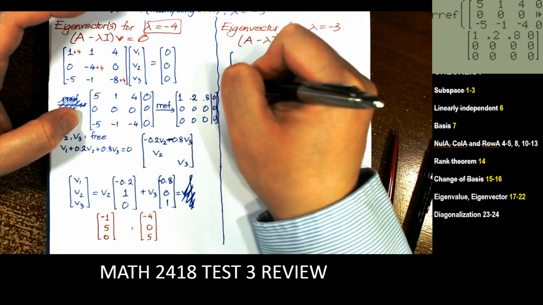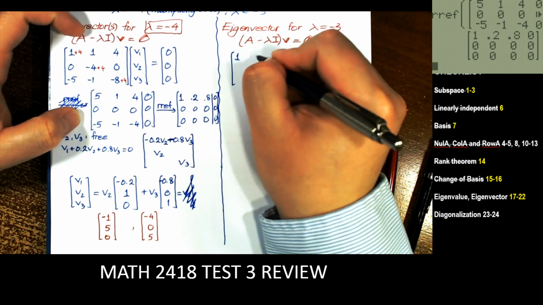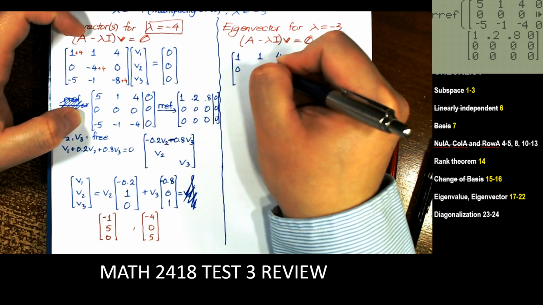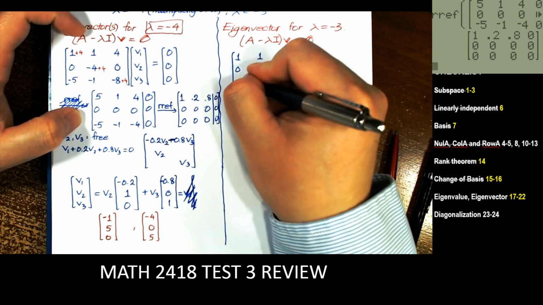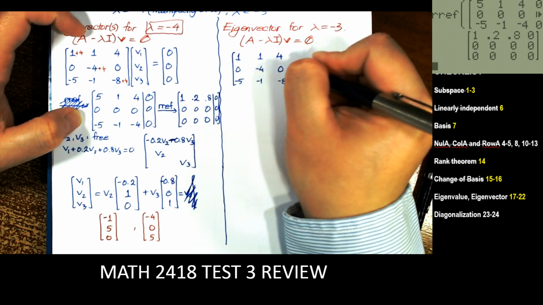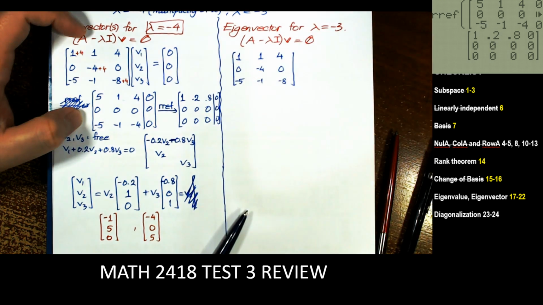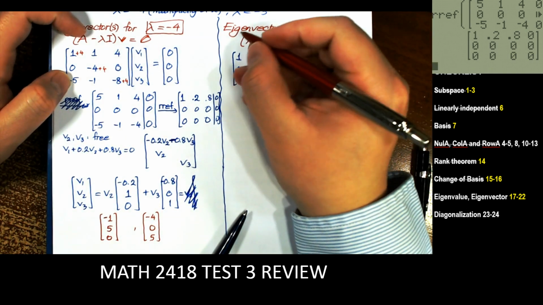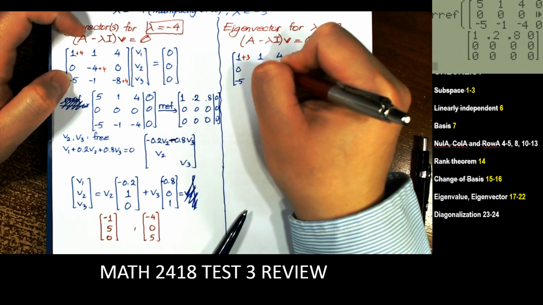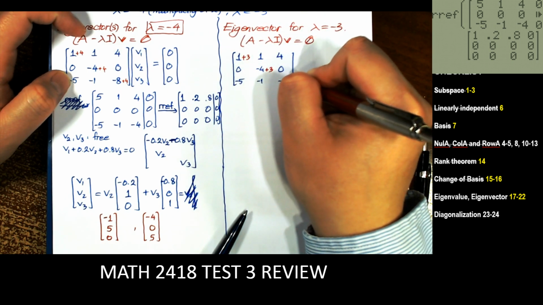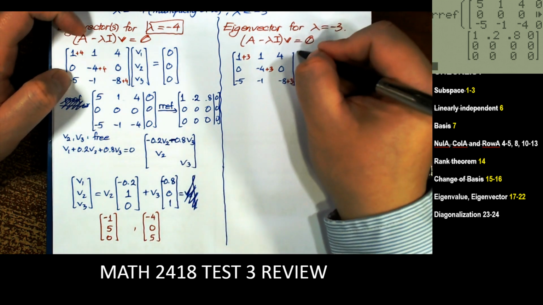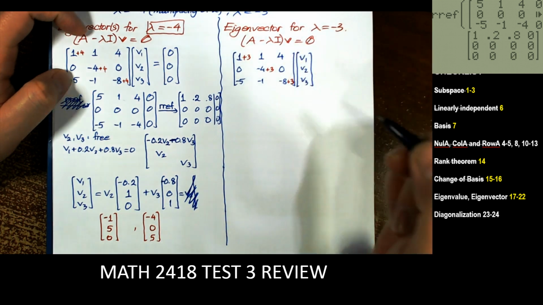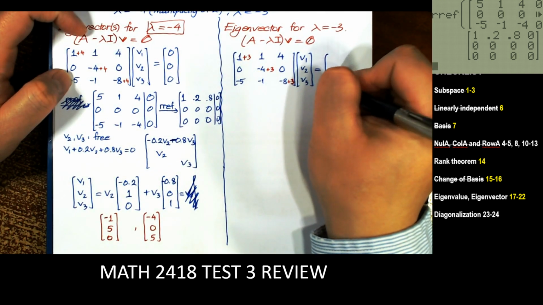Next we do the same thing. We take the matrix A itself, and then we subtract the eigenvalue. Subtract negative 3 becomes plus 3. So we have v1, v2, v3 equal to the 0 vector.